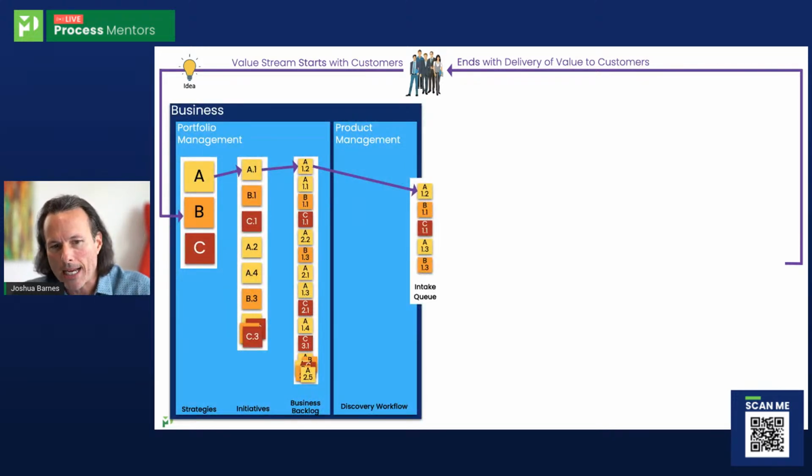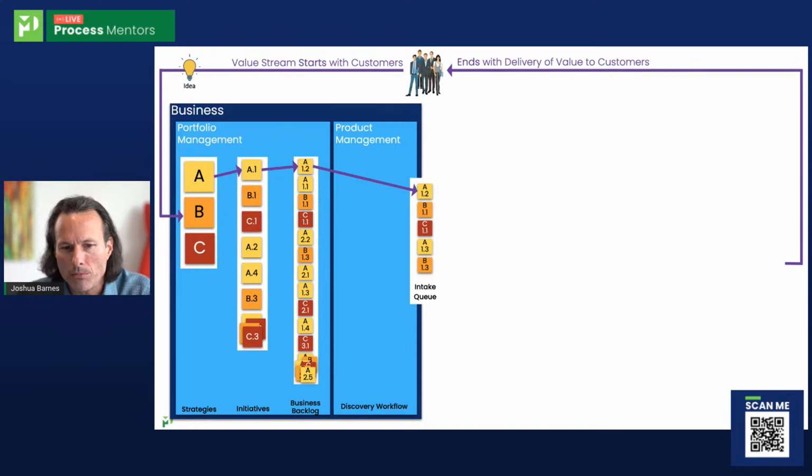This is where ideas that come from our customers, needs that have been identified from our stakeholders, flow through portfolio management, how we make investment decisions that are aligning with our strategic objectives and the initiatives that those have been decomposed into. And then we identify the minimum business increments, the MBIs or the MVPs. And we'll have a rather large business backlog, potentially depending on the size of the value stream or the product line that we're working with.